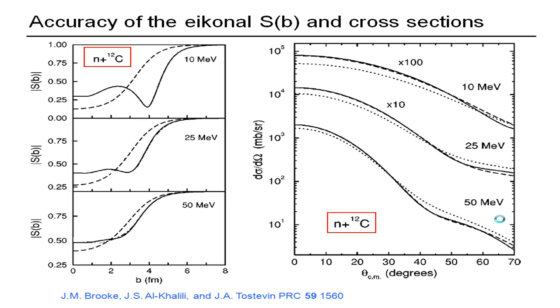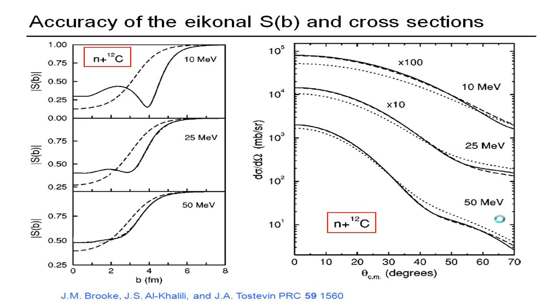This is 10 MeV, 25 MeV, 50 MeV. All of those are really too low to expect that the nuclear interaction will be well described by this eikonal picture. All I'm showing you is that as you go up in energy, things get better, but by the time you've got to 50 MeV per particle, you're not really there yet. So this is the S matrix.